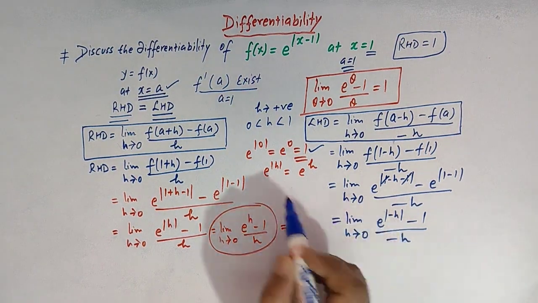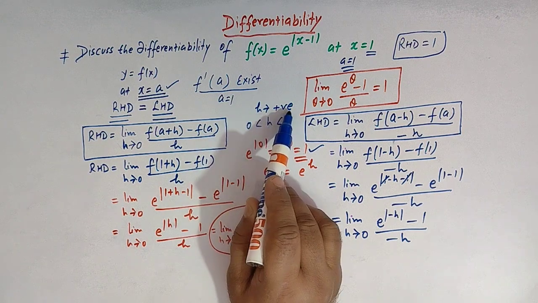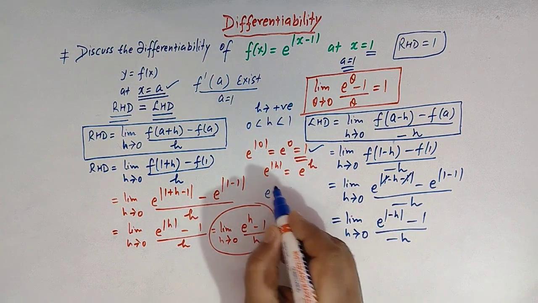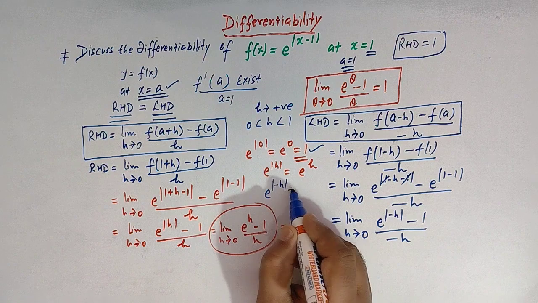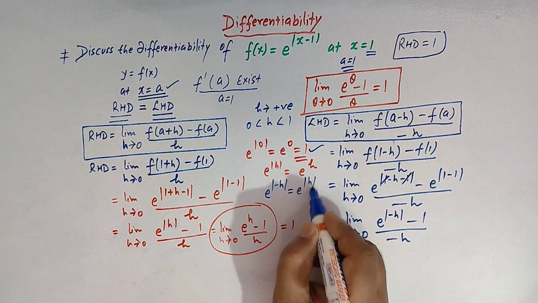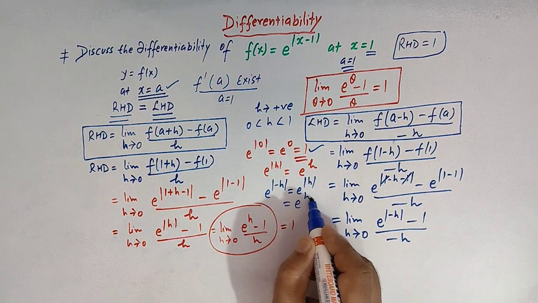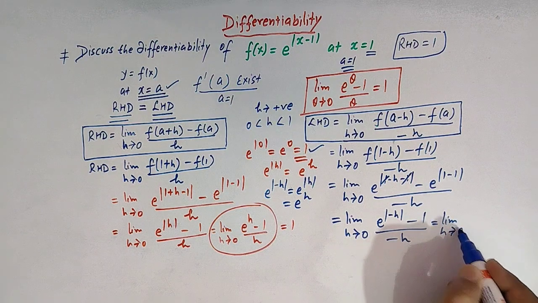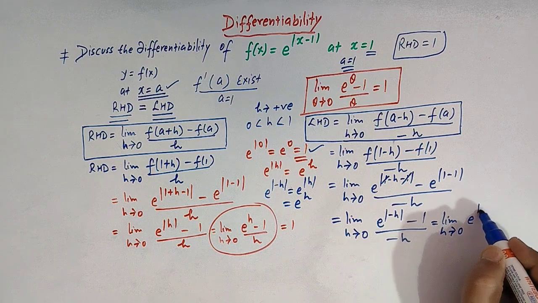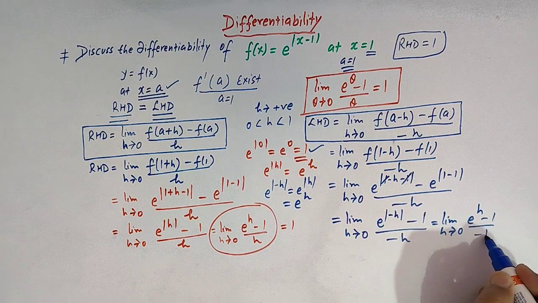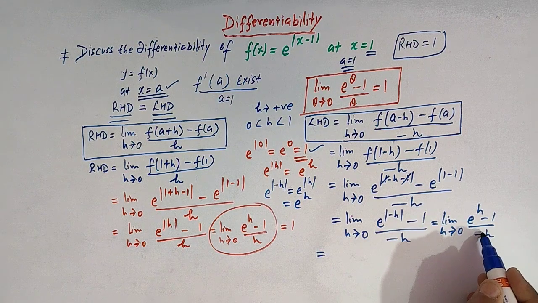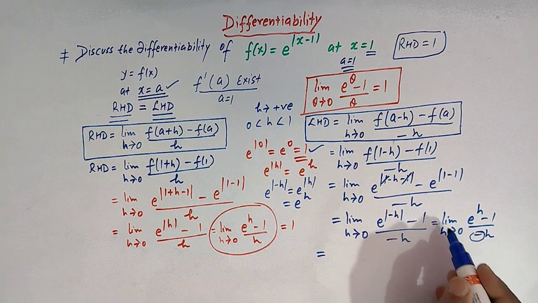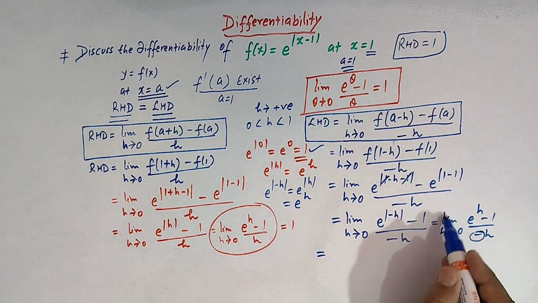We have already seen that h is a positive quantity, so e raised to mod of minus h is simply e raised to mod of h, that is e raised to h. So here we have the limit as h tends to 0 of e raised to h minus 1 divided by minus h. Now we can take this negative sign in front of the limit notation.